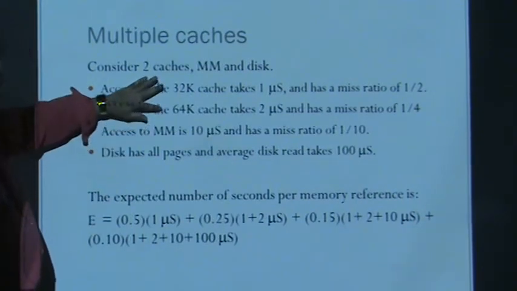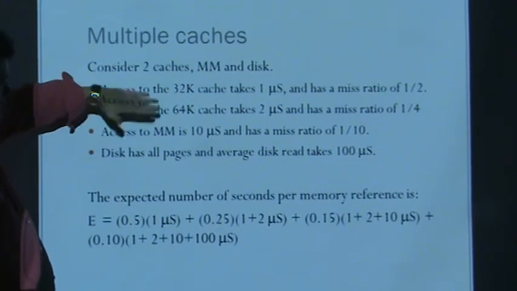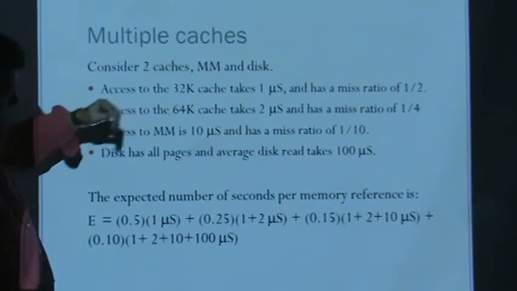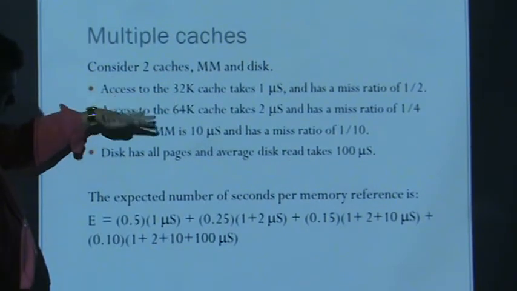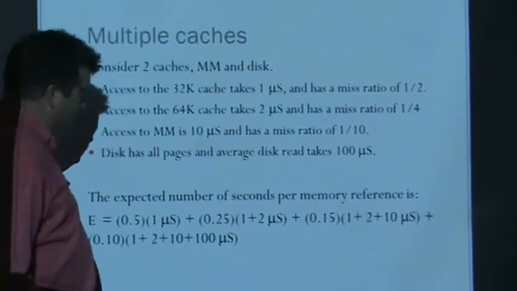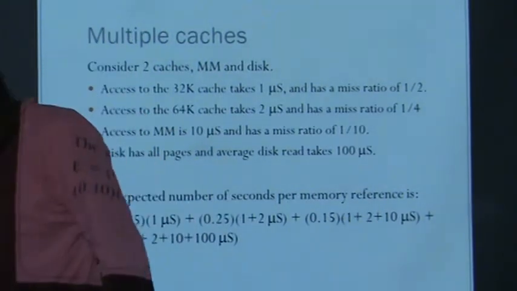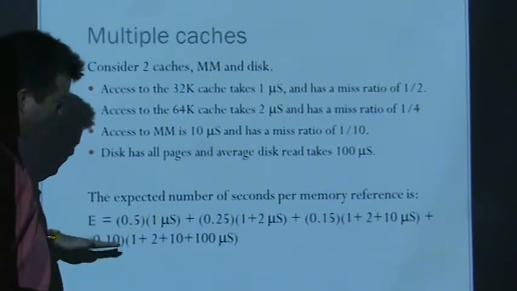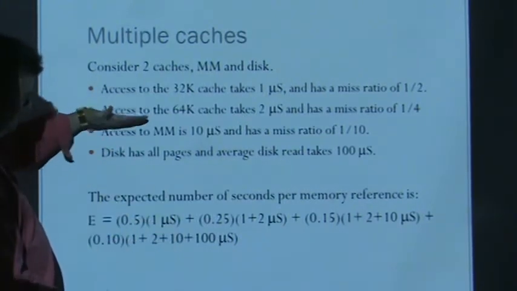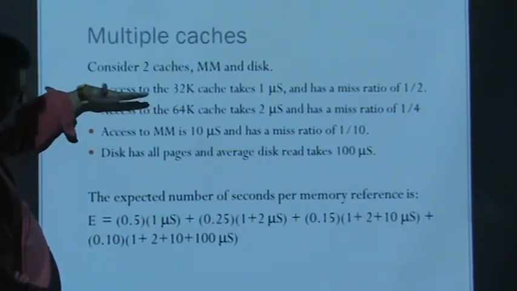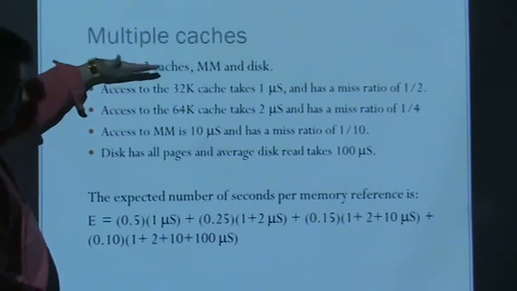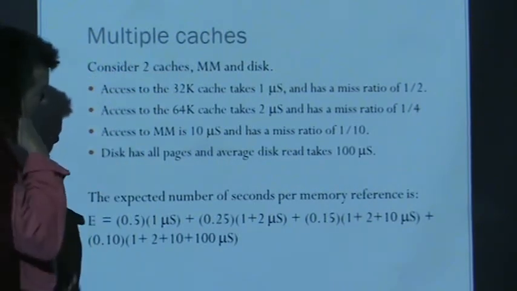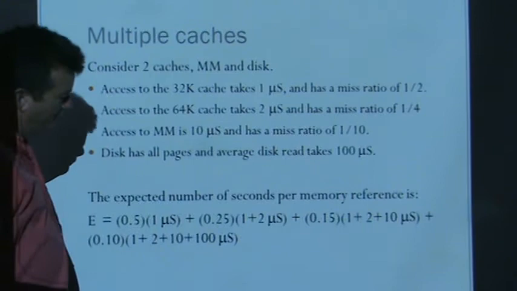So we could try calculating it with just the 32, just the 64, none of them, or both of them, and pick the best one. Okay, does that make sense? To get the probability that you hit whatever level you're on, it's the hit ratio of the level you're looking at minus the miss ratio of the previous level. That would be if you're walking through each of them.